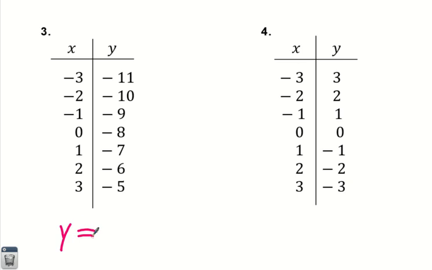Let's see here. For this one, it looks like there's going to be more than one operation. It's not like we can just multiply. Or can we? Maybe we... Let's see here. Let's look at this pair.